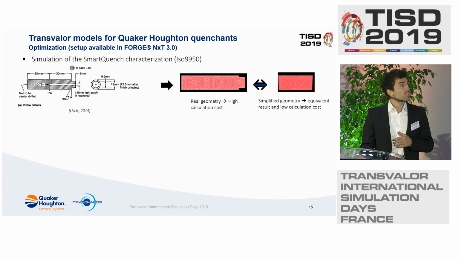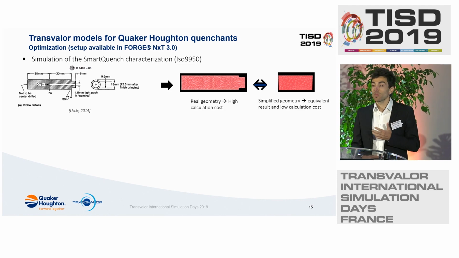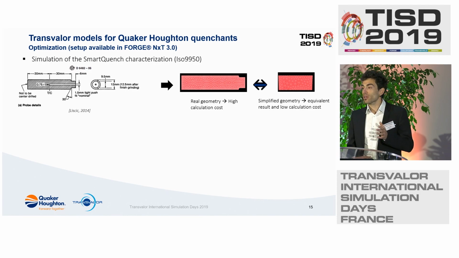So the idea is to first reproduce the smart quench characterization. So a very particular probe is used. So we reproduced it. And to reduce computation costs, we made sure we simplified the geometry while making sure that the results are the same.